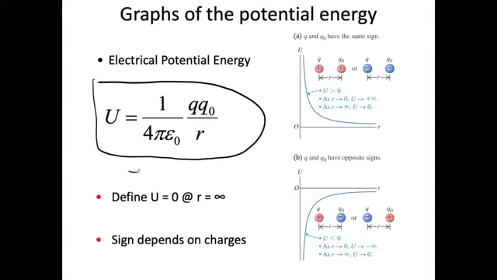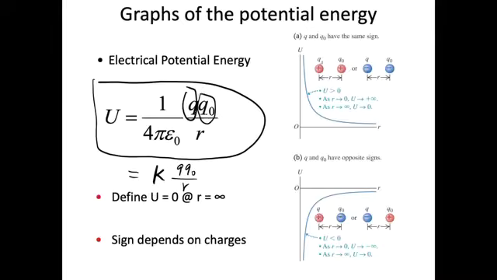Of course, you can also write it as K Q Q0 over r, because K equals 1 over 4 pi epsilon 0. And we can define the zero for this potential energy as when those two charges are infinitely far away from each other. And here you can directly carry the sign of the charge into this equation.